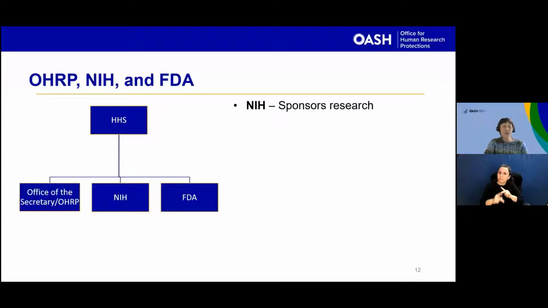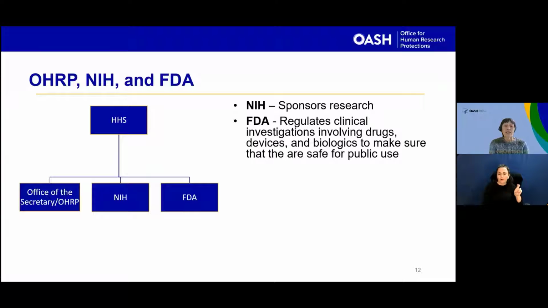Right? National Institutes of Health, NIH, is a sponsor of research. They develop policies to support the research that they sponsor, right? But the policies that they develop, if they involve regulations and ethics and human subjects protections, must not conflict with regulations that OHRP oversees, the 45 CFR 46 that we just talked about. FDA has a totally different function.